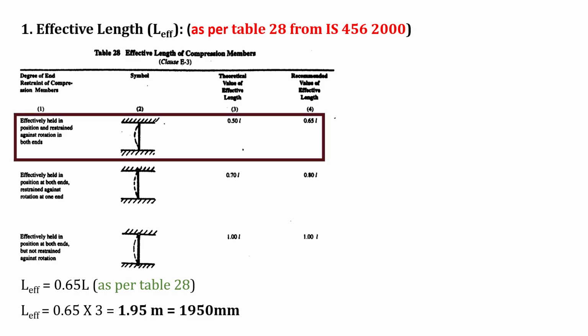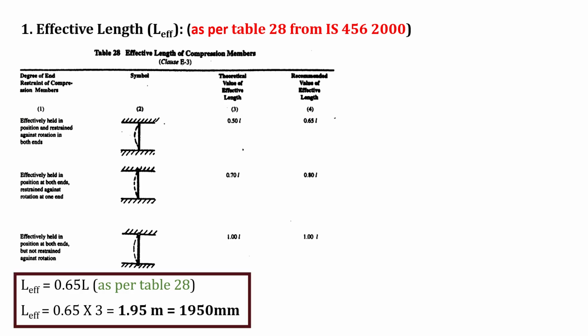Since both the ends of the column are effectively held in position and restrained against rotation, we can determine the effective length as 0.65 times the unsupported length L. Therefore, L effective is calculated as 0.65 multiplied by 3 meters, which gives us 1.95 meters or 1950 mm.